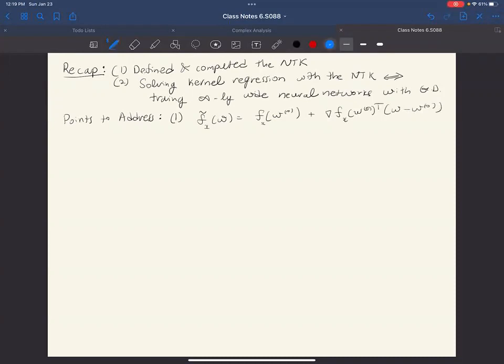And thus far, what we did for the NTK is I just said, ignore this part here and this part here. And I said, just use this and solve kernel regression based off this feature map, this gradient feature map.